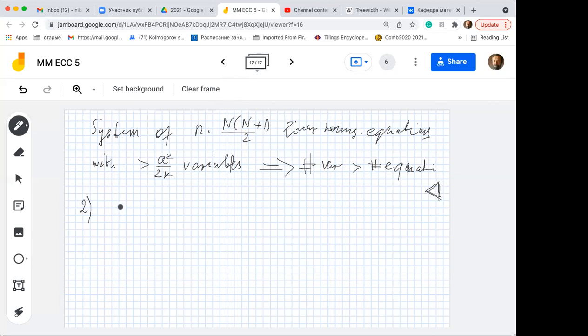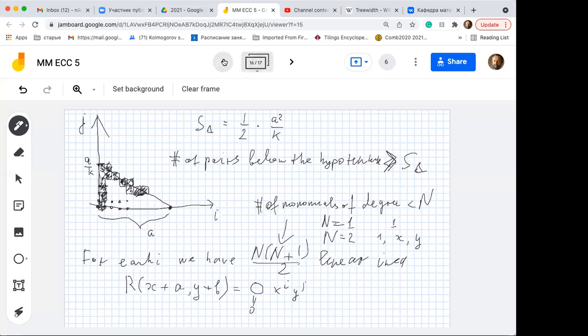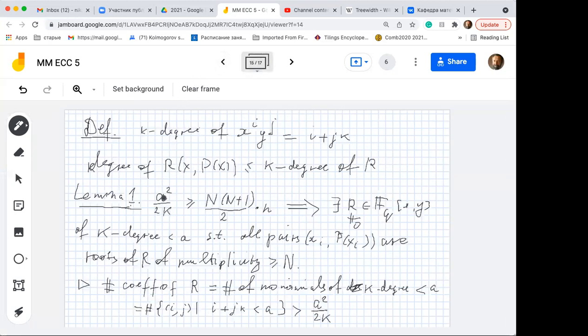Assume now that, on the first step, we will choose some A and also some N, satisfying this inequality.